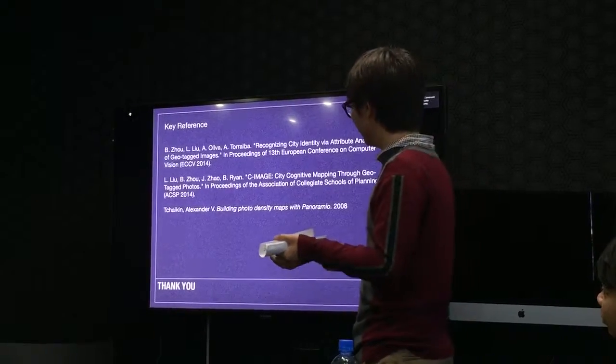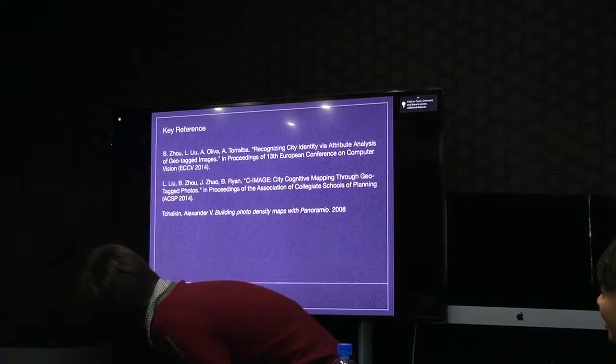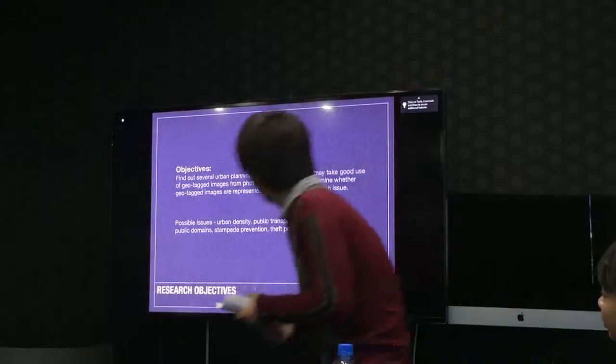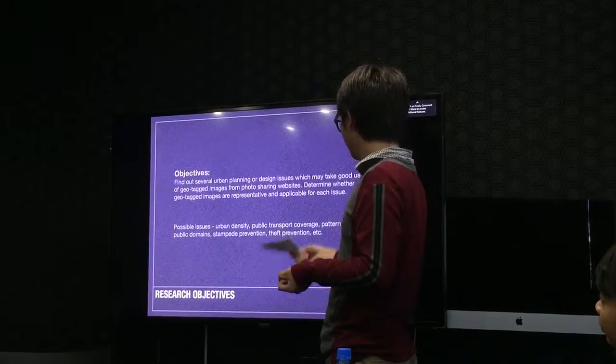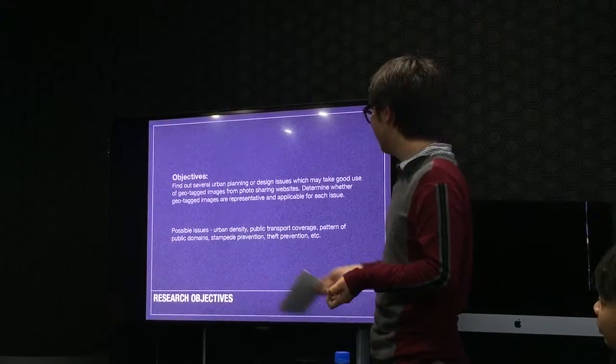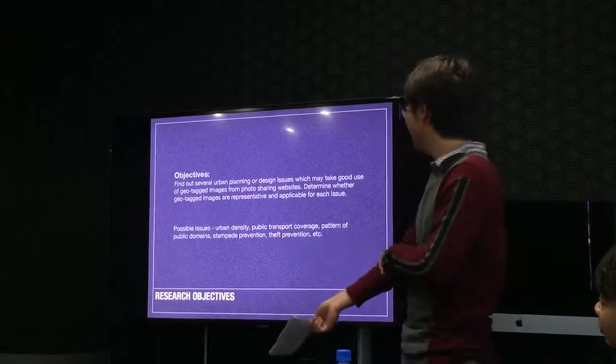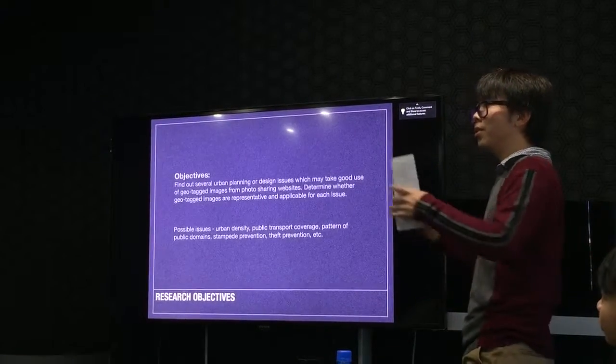For example, problems like urban density, transport coverage, and city provision. Maybe we can use the distribution of the photos to represent the hot points where people crowd together.